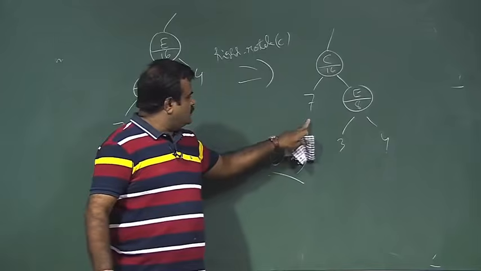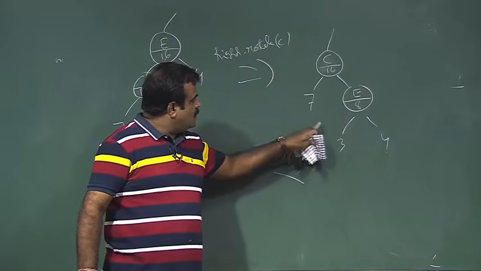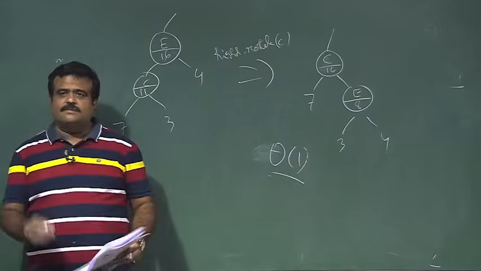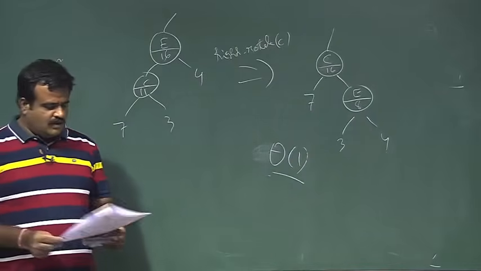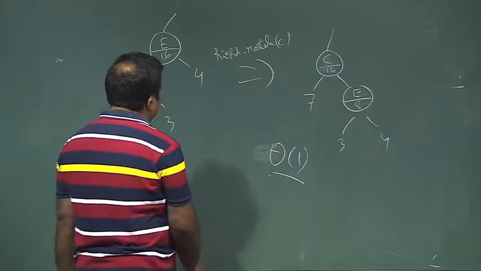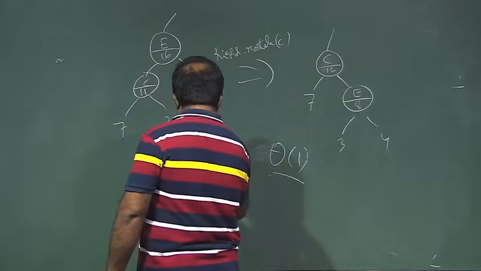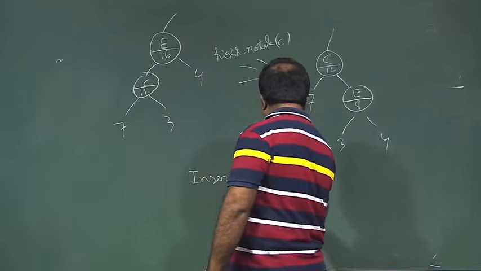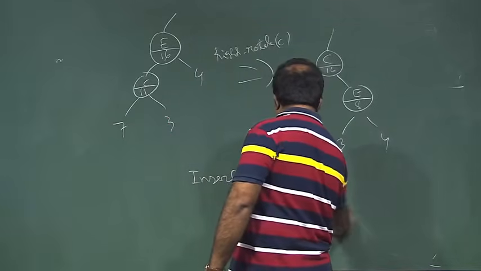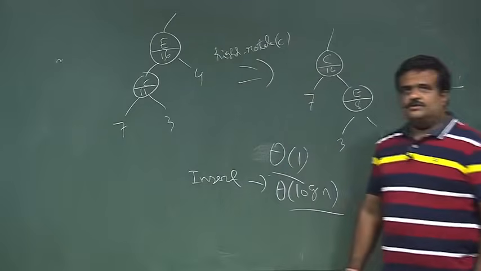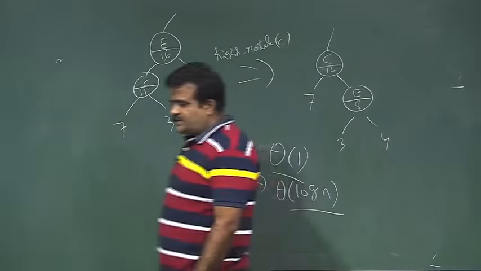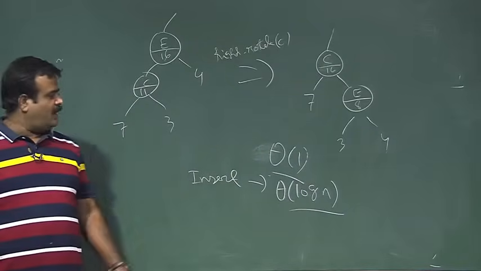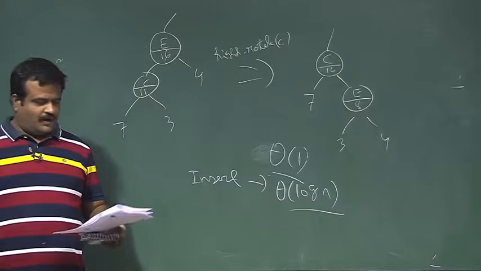We are just changing these bits, which can be maintained in constant time. So, insertion or deletion can be done in logarithmic time. This is most important. We can preserve this dynamic set, this red black tree, in logarithmic time.